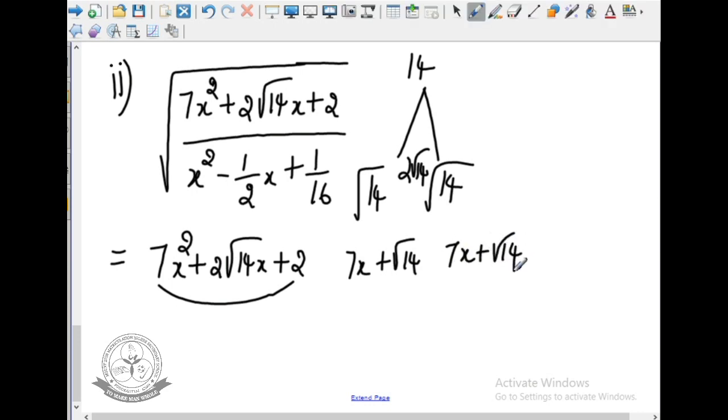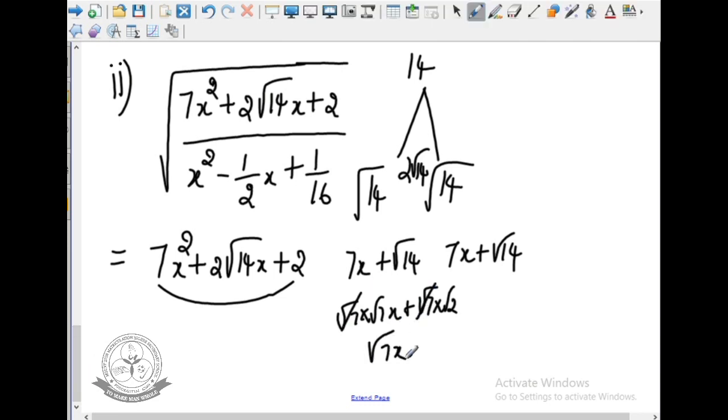So this one also we can split. The 7 is 7 into 7x plus square root of 14 is 7 into root 2. So for this 7, the same process, because here we are having the same term. So this one we can cancel.